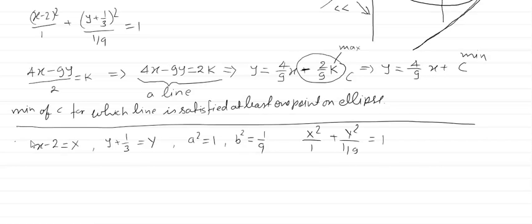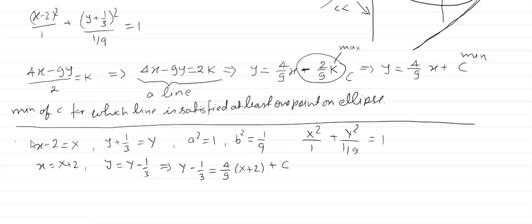And now we have to change the line equation also. For that we change small x equal to capital X plus 2 and small y equal to capital Y minus 1 by 3. Now we put the small x, small y values in the line equation. So that becomes capital Y minus 1 by 3 equals 4 by 9 times capital X plus 2, plus c.